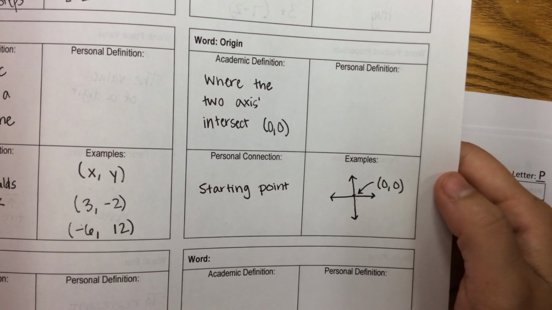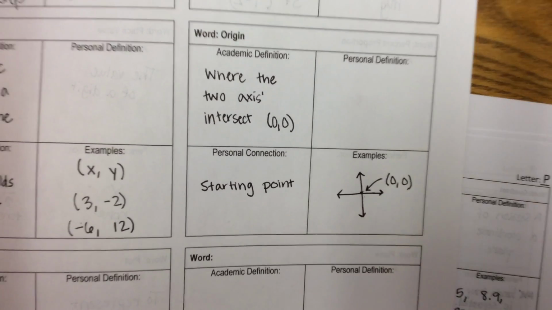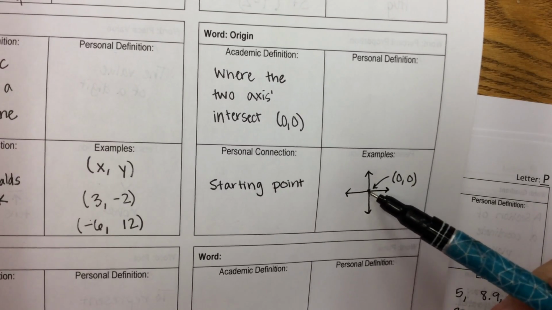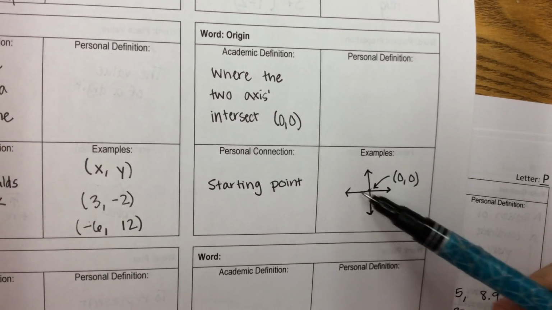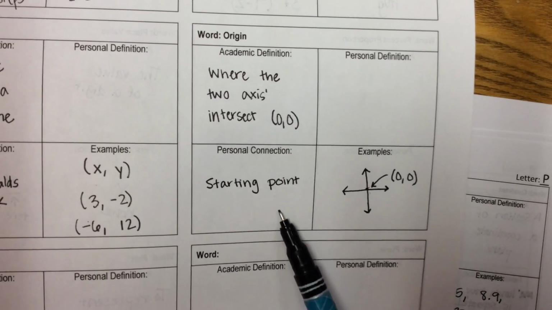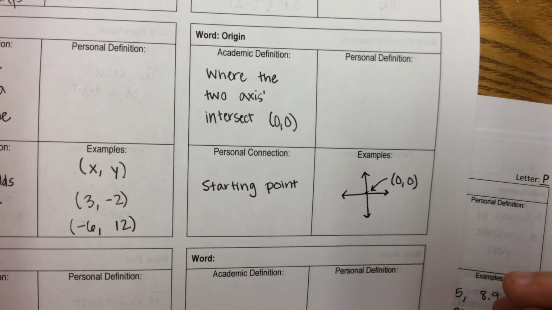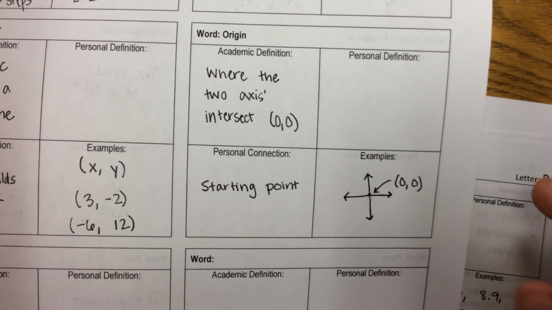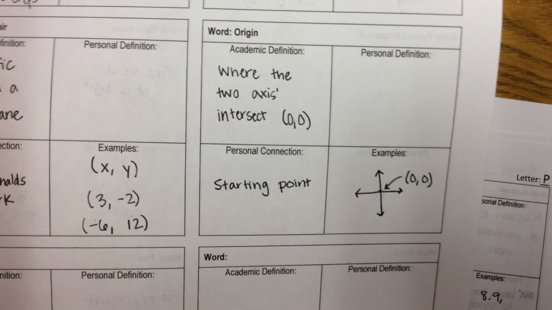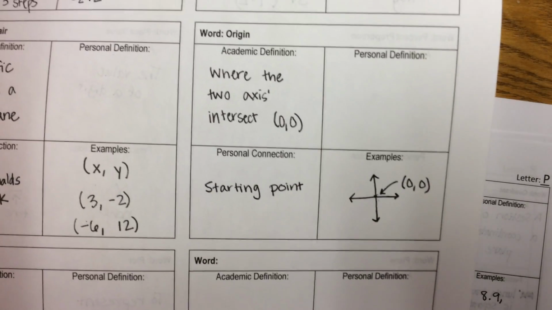So where the two axes intersect at 0, 0. So when you have a graph here, the origin's right in the middle where they cross. Sometimes it's not in the middle, sometimes it's on this end. And origin is like the starting point. So if I ask where do you originate, I would say I originate in Watertown, Minnesota, because that's where I started. That's where I was born and I grew up. Okay?